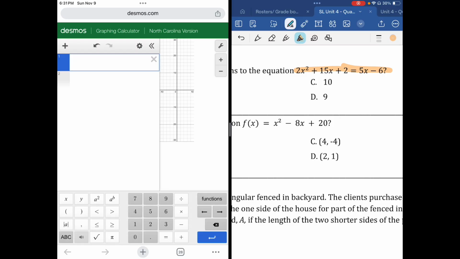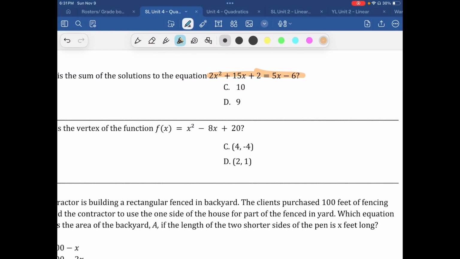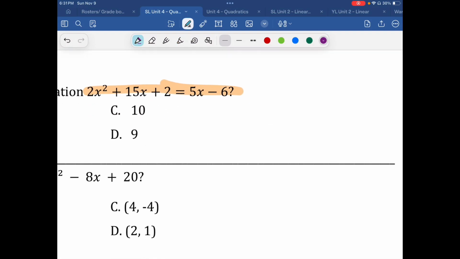So what we have to do is solve this equation by setting it equal to 0. I'm going to rewrite it: 2x squared plus 15x plus 2 equals 5x minus 6. I've got to get this stuff over there.